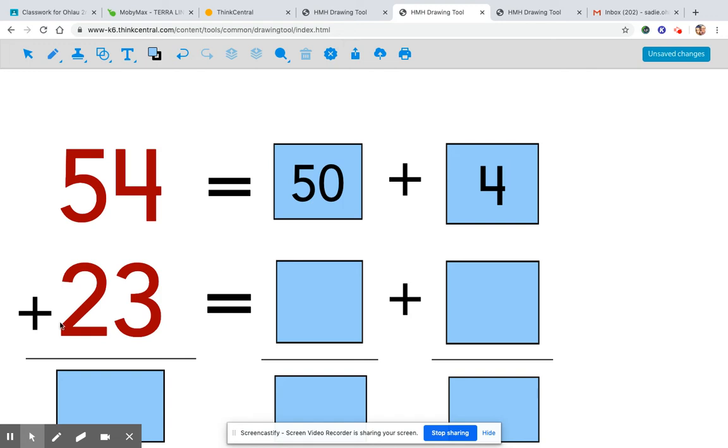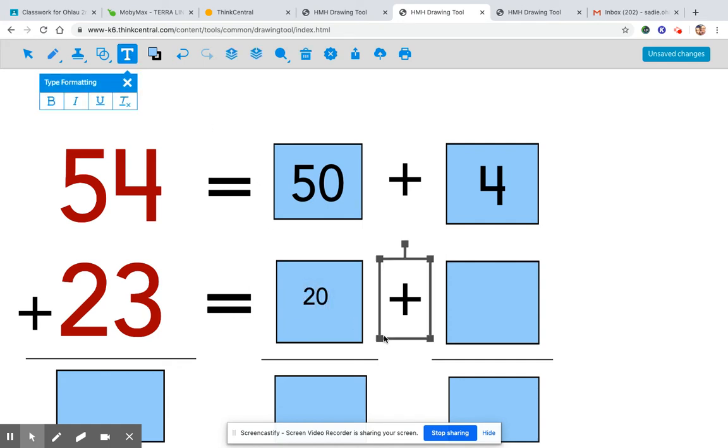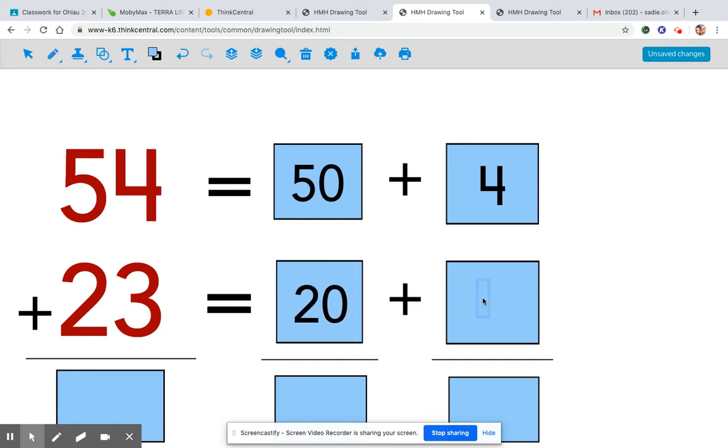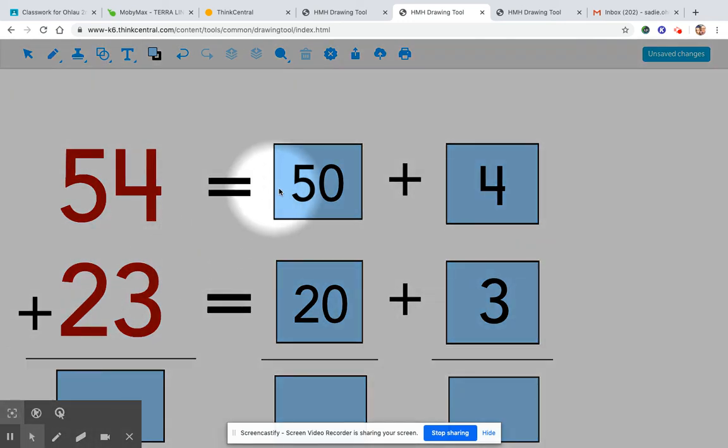Now let's look at 23. 23 has a 2 in the tens column and a 3 in the ones column. So I have 2 tens, 20, plus I have 3 ones, a 3 in the ones column. So now I know that for 54, I have 50 plus 4. For 23, I have 20 plus 3.